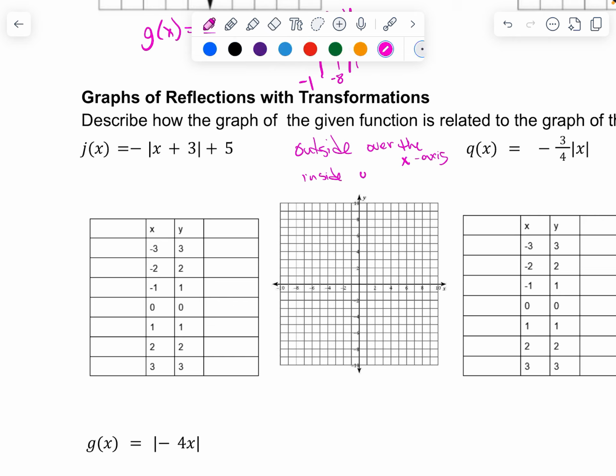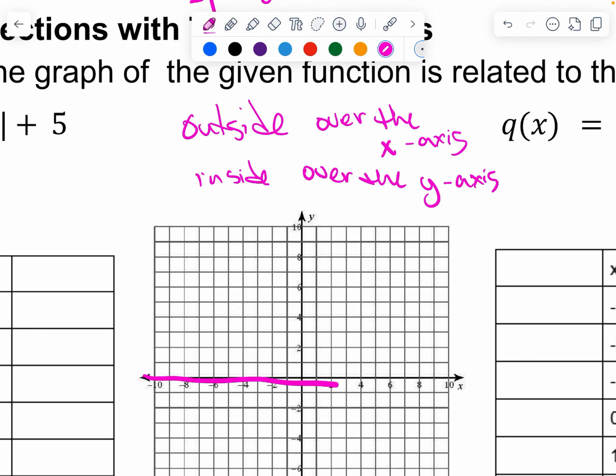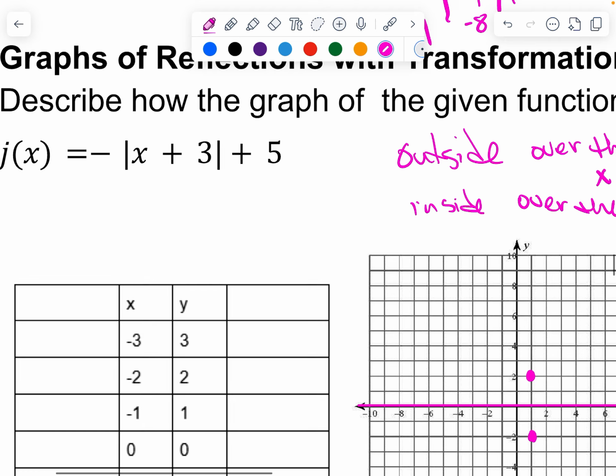If it's on the inside, it is over the y-axis. So what does that mean? Well, if we're going over this axis right here, this point to this point, didn't the y values change to the opposite? And if it's on the outside, that's when we change the y value. So that's why it's like that.